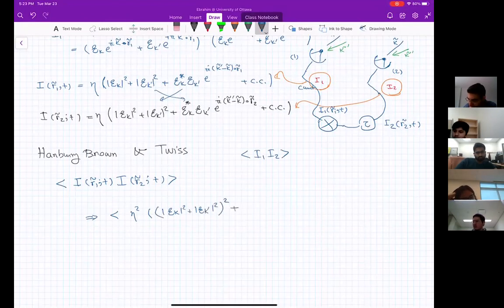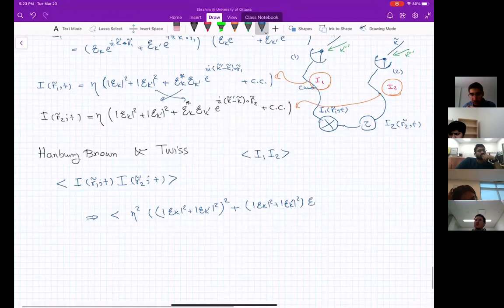From the second term, I get the same sum squared, multiplied by the product of the two, which is E_K star E_K prime. I will not write the expression for this, and that will be two of this.